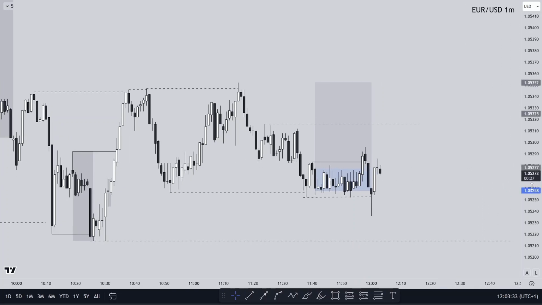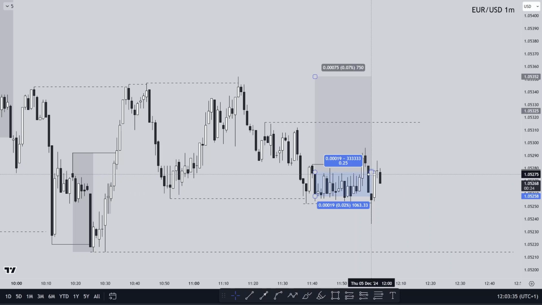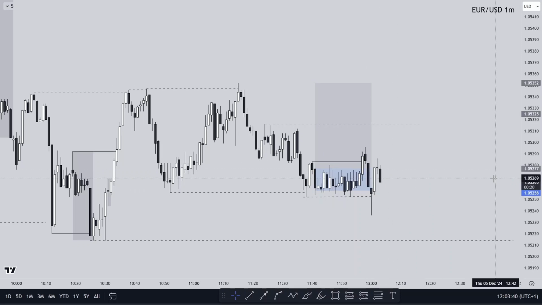So now let's focus on how price will move in the next minutes, just to understand what will happen.